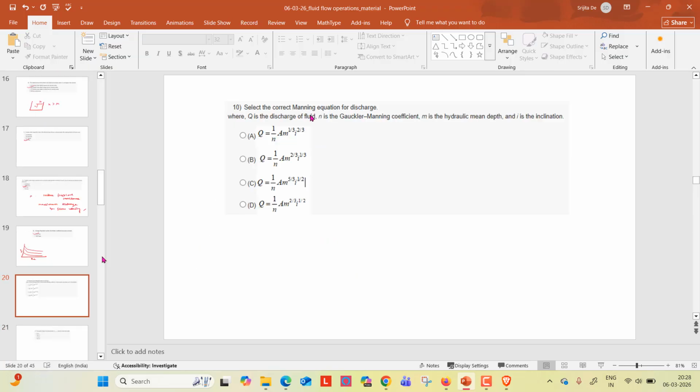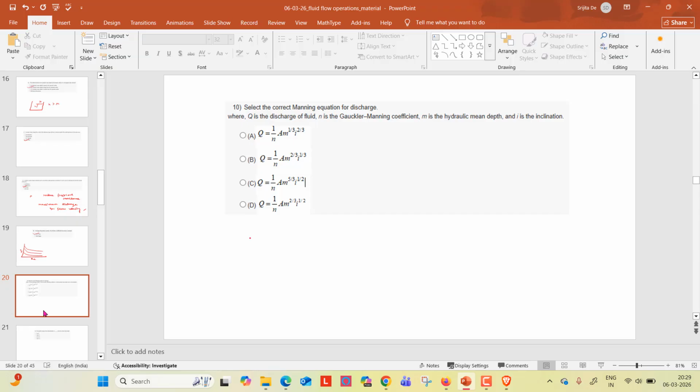Select the correct Manning equation for discharge, where Q is the discharge of fluid, N is the Gauckler-Manning coefficient, M is the hydraulic mean depth, and I is the inclination. So it has to be m to the power 2 by 3 and I to the power 1 by 2. So it is the option D only.